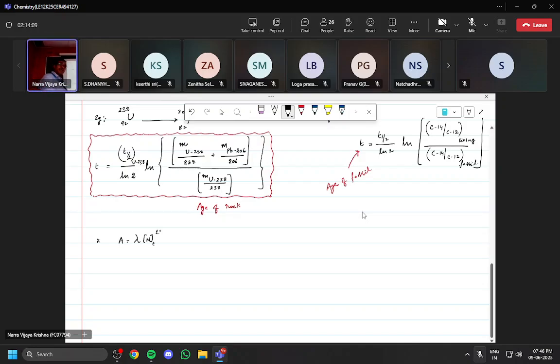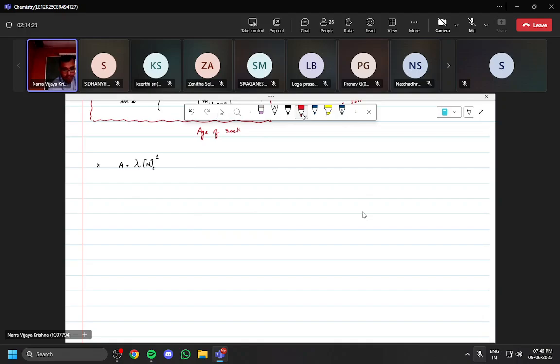Rate equal to rate constant into A to the power 1. Here I am writing A equal to lambda into N to the power 1. Correct or not? Where A is called activity, is nothing but rate of a reaction. What is lambda? Activity constant, or we call it as disintegration constant.